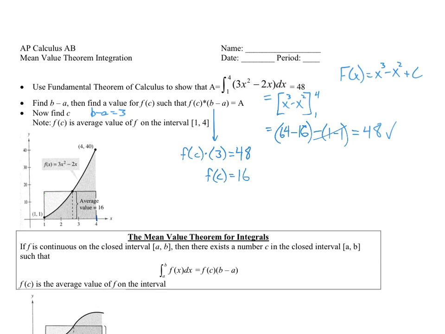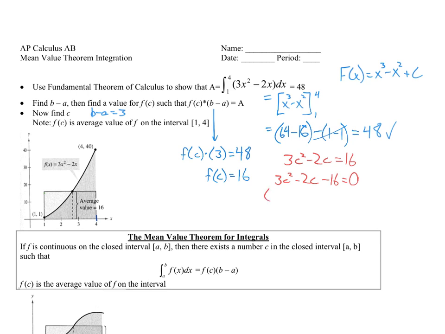Now it says find c. Alright, well, if f of c is 16, that means that 3 times c squared minus 2c has to equal 16. Right? So what we have here, we can solve this quadratic. 3c squared minus 2c minus 16 equals 0.